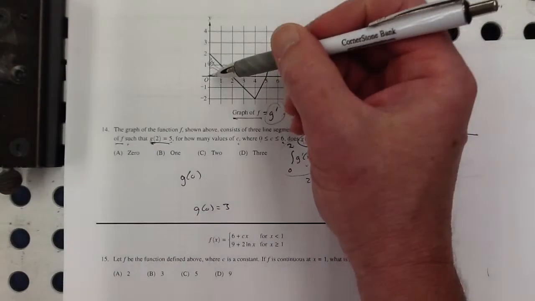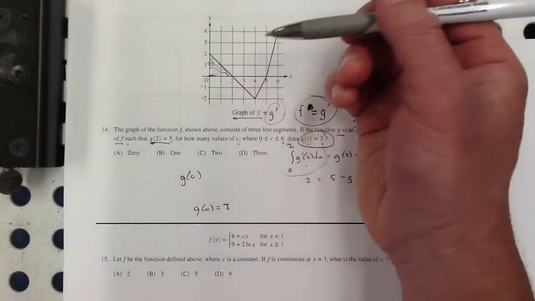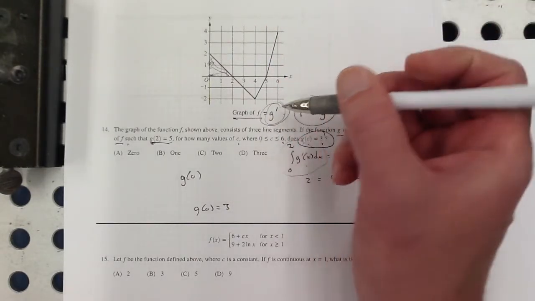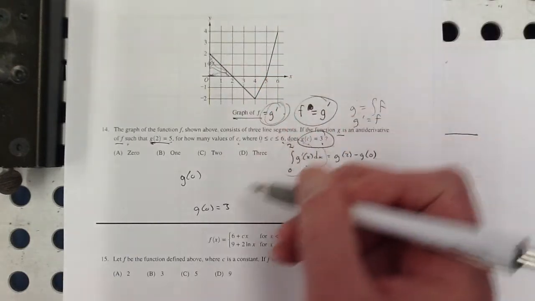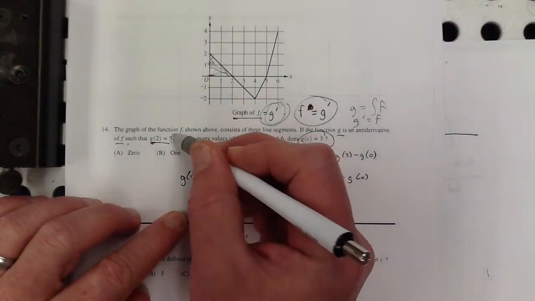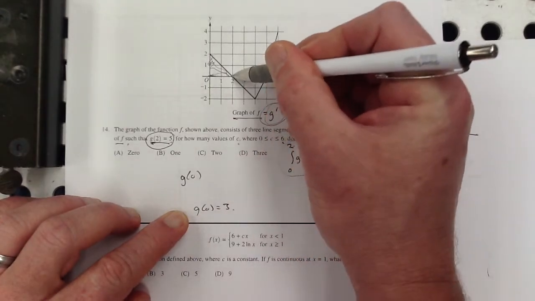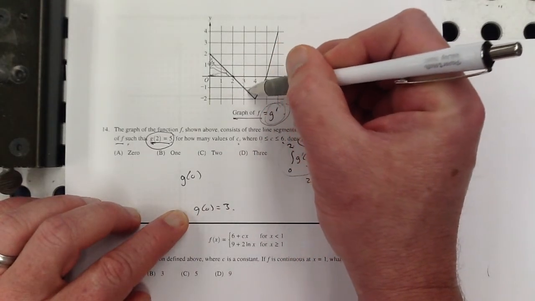And then what's happening with the g function? Well, it's increasing since this is g prime. G of 0 equals 3, and then it goes up to 5, and then it goes down.